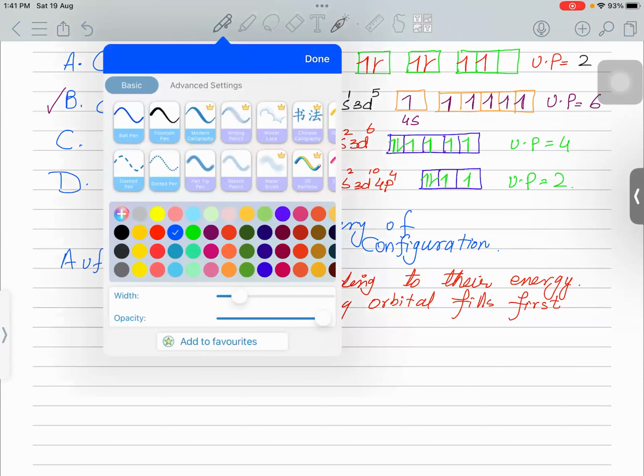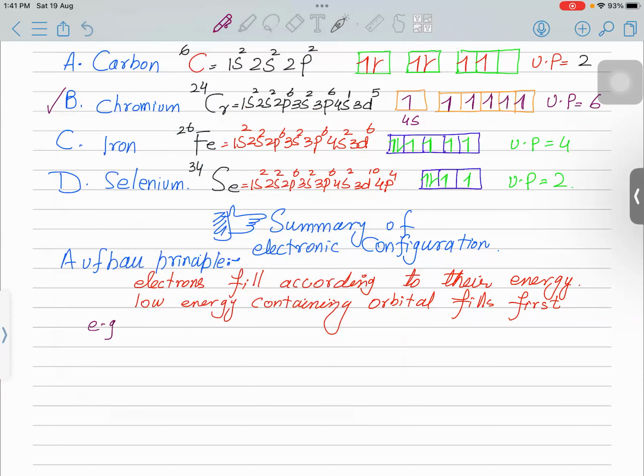So you know which orbital comes first, 3d or 4s? 4s comes before 3d because its energy is low.